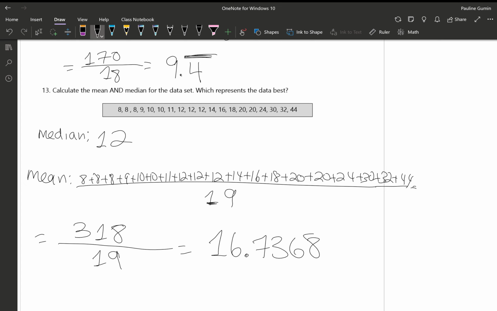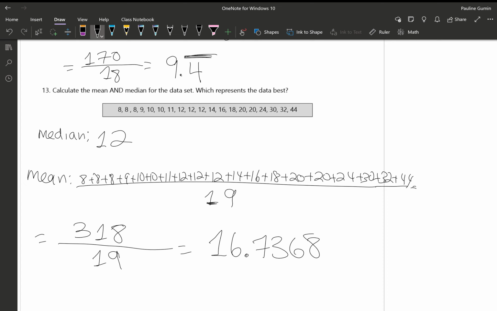Now when I look at my data, it looks like my median is smaller than my mean, right? So it's not going to be that nice of a data set. It's not going to be symmetrical. Give yourself a second and think, which one better represents our data, the median or the mean? To me, it seems like the median represents it a little bit better because we don't have that many 16s, and 16 is on the right-hand side of our data. 12 seems to represent more of our data than 16.7 would.